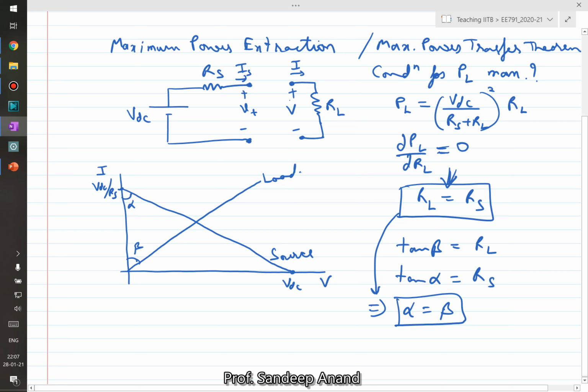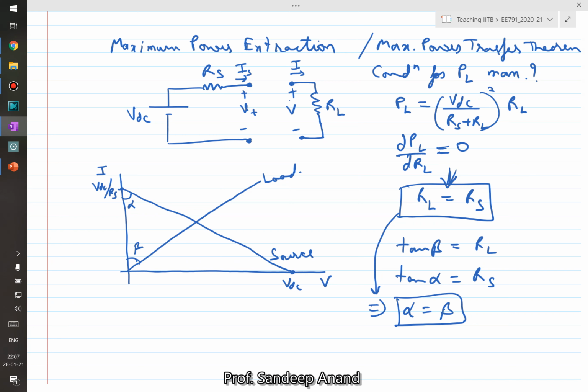So this gives us an idea: if we have a simple circuit which has a voltage source and a resistance, at what value of load resistance should we connect to get the maximum power? In general, this is an example of a linear source, but it may not be necessary.